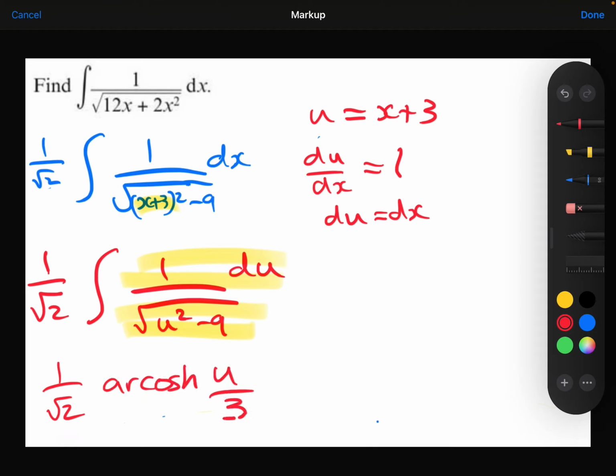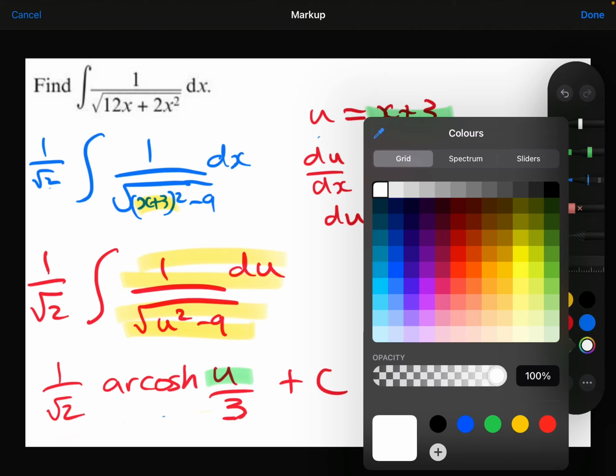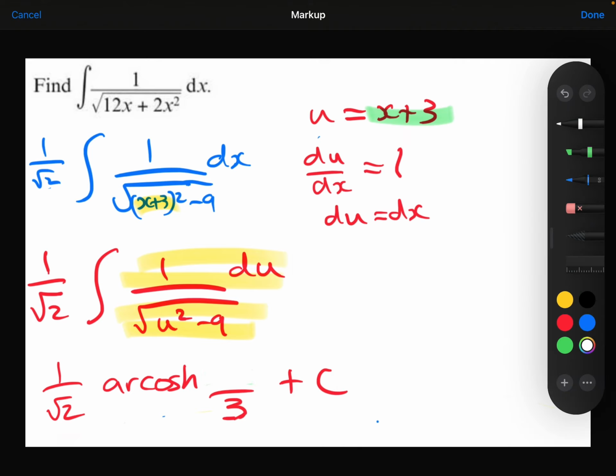Plus my constant, and now I just need to replace the u with the x plus 3 here. So let me just do that quickly to finish this problem off. And we are done.